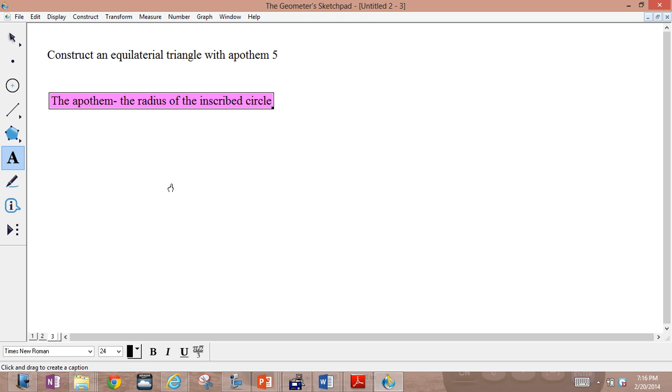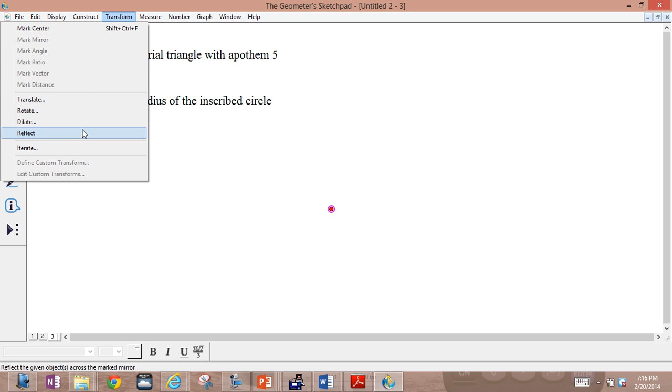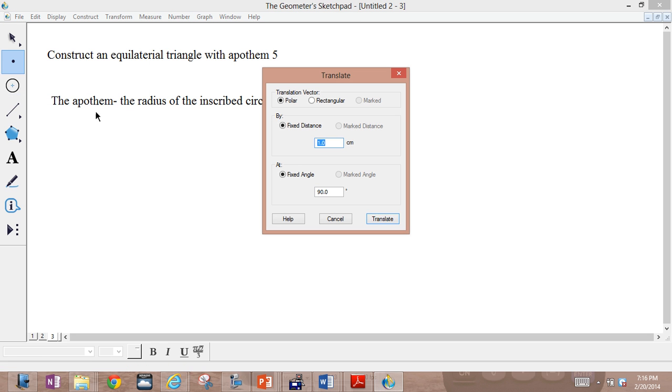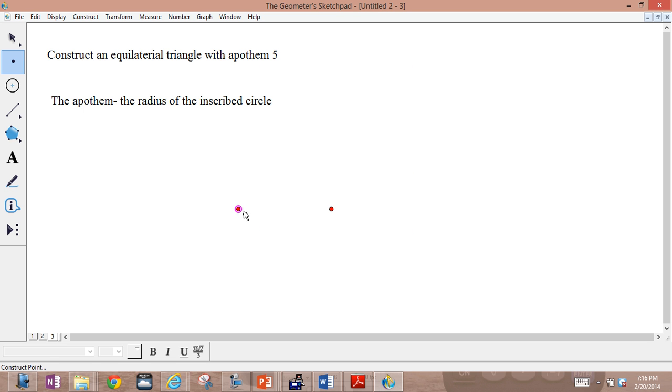That's what we mean by apothem. Let's first get a segment of exactly 5 units. Again, the best way of getting exactly 5 units is through a translation. So I'm going to translate 5 units in the 180 degree direction. It makes no difference. So translate 5 units at 180 degrees.